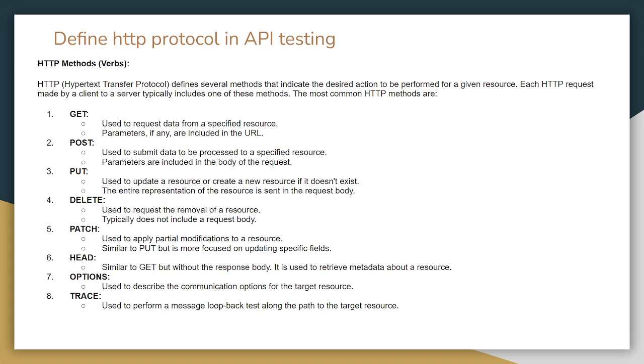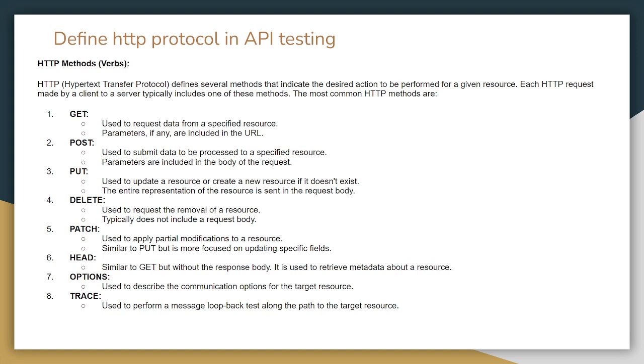A HEAD request is similar to GET, but without a response body. It is used to retrieve metadata about a resource. OPTIONS request is used to describe the communication options for the target resource. And TRACE is used to perform a message loop-back test along the path to the target resource.